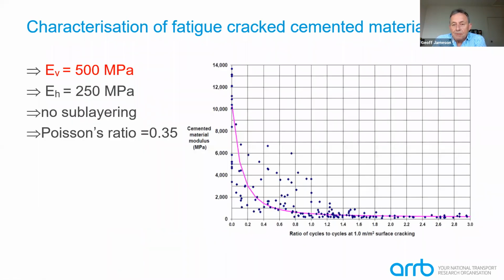Now, where cemented materials are used in pavements, there's often, or can be, depending on the pavement configuration, some useful life after the cemented material has fatigue cracked. And so in our mechanistic calculations, we allow for that life, the post-cracking life of the material.